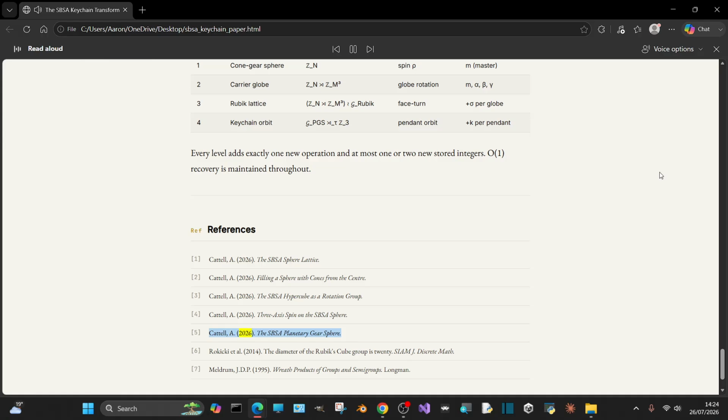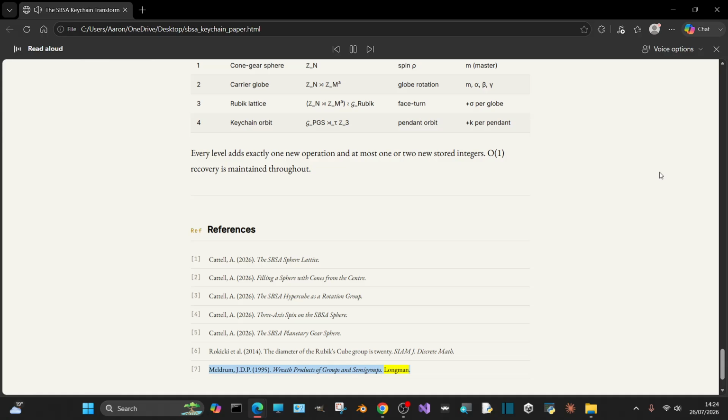Cattell, A. 2026. The SBSA planetary gear sphere. Rokicki et al., 2014. The diameter of the Rubik's cube group is 20. SIAM J. Discrete Math. Meldrum, JDP, 1995. Wreath products of groups and semigroups.